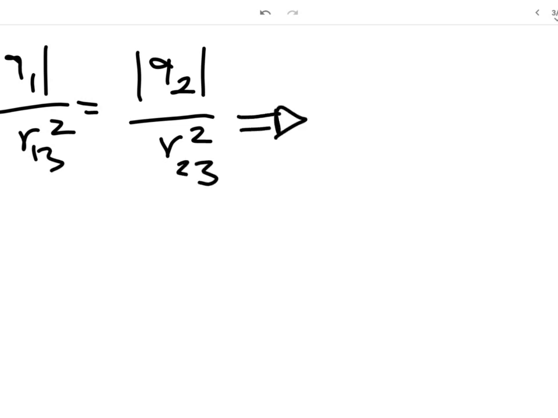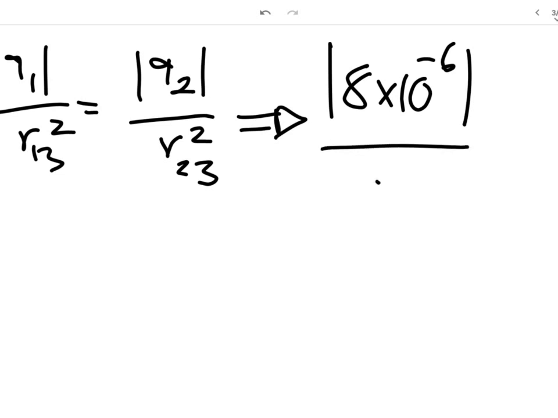So you have 8 times 10 to the power of minus 6 over x squared. It's equal to 4 times 10 to the power of minus 6 over (4 minus x) squared.